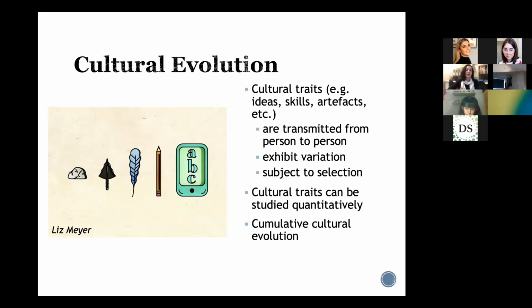One aspect of cultural evolution research is that we can study cultural traits quantitatively. And a hallmark of human evolution is that our culture is cumulative. So what that means is that our knowledge and skills accumulate over time, over generations, and increase in diversity and complexity.